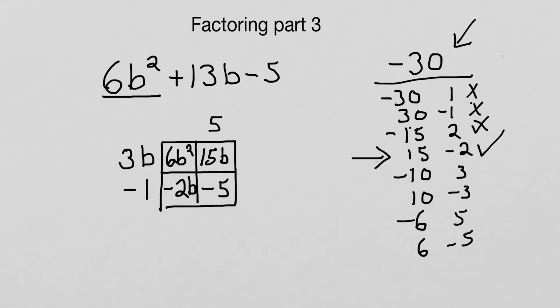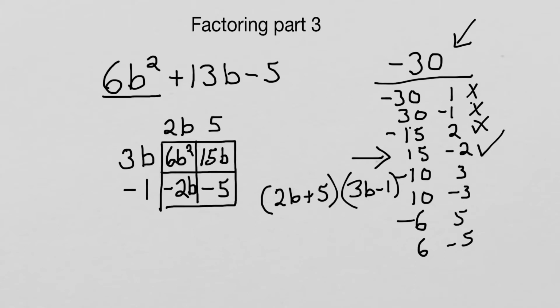The largest number that I can factor out of that is a 2b. 2b will go into 6b squared, and it'll go into -2b. So at this point, you're actually done. Let me show you. The answer to this is (2b + 5)(3b - 1).